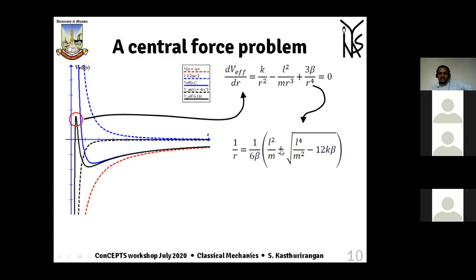The plus and minus is because there is one local maximum here and one local minimum here, so there will be 2 solutions. However, if this term becomes 0, then there is no local maximum or minimum. Basically, after the 1 by r, directly the 1 by r cube takes over and there is no additional barrier term left at all. That is the interpretation in this equation.